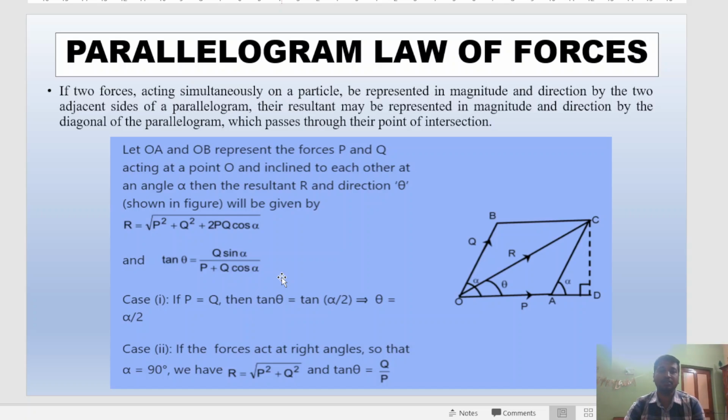If P equals Q, then tan theta equals tan alpha by 2, that is, theta equals alpha by 2. And if the forces act at right angles so that alpha equals 90 degrees, we have R equals root over P square plus Q square and tan theta equals Q by P.